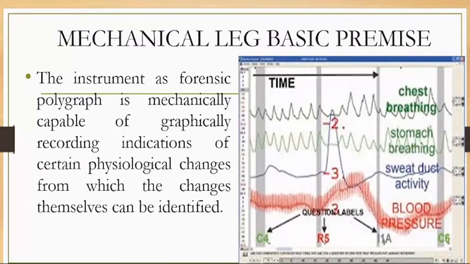The stomach breathing is the third, in color green, and the chest breathing. Those are recorded. So by those three legs, the psychological, physiological, and mechanical are the basic parts of what we get in the polygraph or lie detection test.